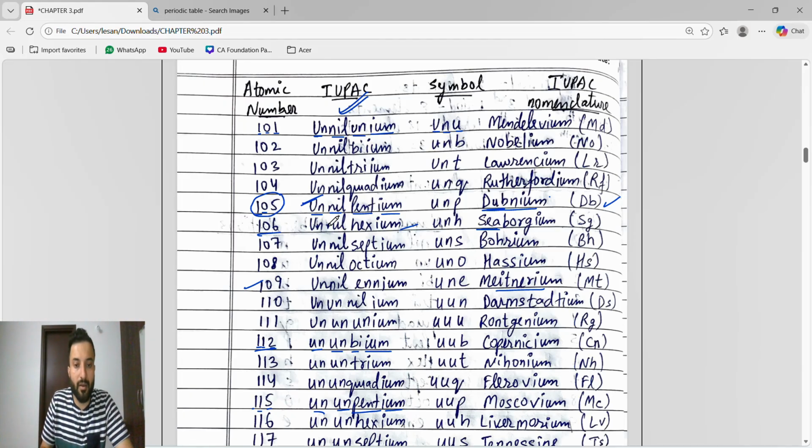Un means 1, nil means 0, hex means 6, so 106, and 106 means Sea. Look in the options for the one starting with Sea, so tick Seaborgium. That is the correct answer. No need to remember the whole name.